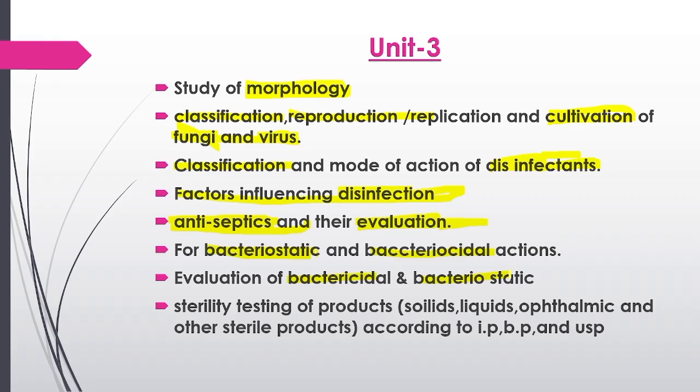The ratio is less than or equal to 4 when cidal action occurs, and greater than 4 when static action of the bacteria occurs. The most common evaluation method is the microdilution assay, which is used to evaluate bactericidal and bacteriostatic activity.